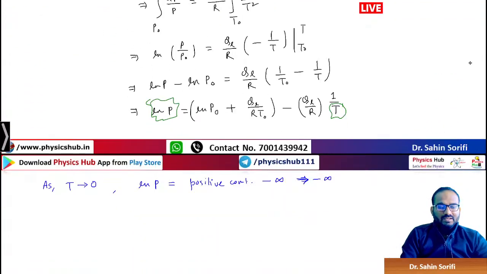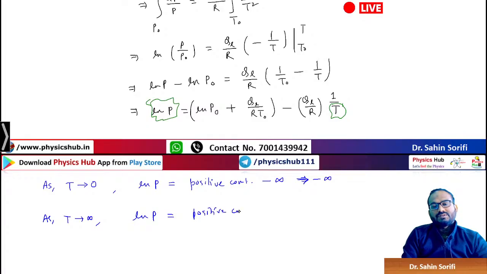Now let's apply our second logic. As T tends to infinity, what will be your ln P? This first part is a positive constant, so we don't have to bother about it. 1 by infinity is 0, so minus 0, so you should get a positive constant, some positive finite value.